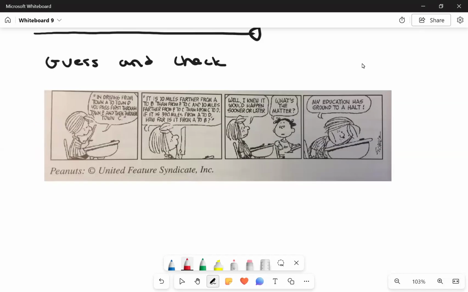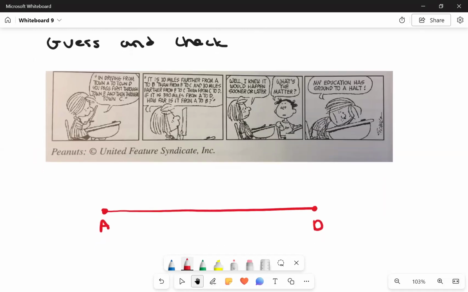I am going to just draw a little bit of a diagram underneath here to help me. So here's town A and here's town D. And the idea is they told us that it's 390 miles from A to D, right? So this is 390 miles total from here to here.